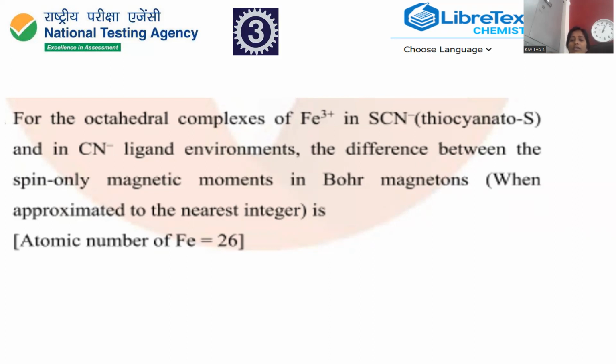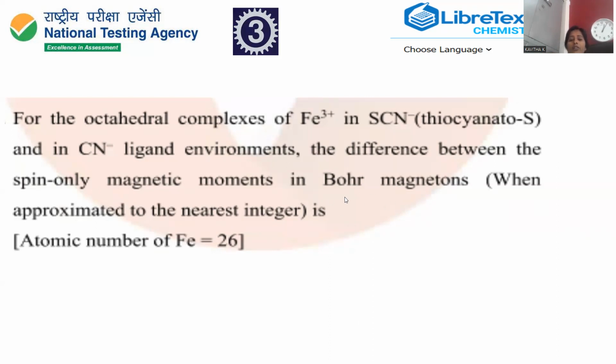Since these two are octahedral complexes, we have to go for the spin-only magnetic moment calculation. Spin-only magnetic moment is calculated by the formula square root of n into n plus 2, and the values are given in Bohr magnetons.